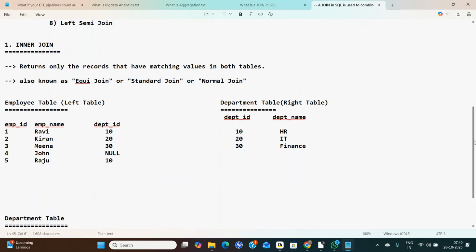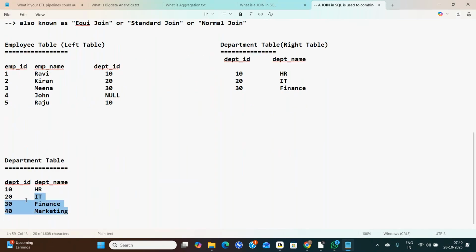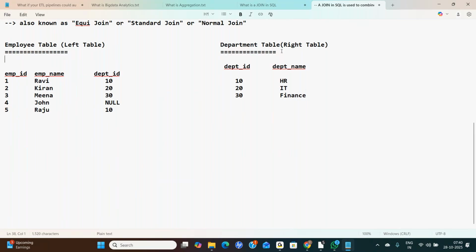In this common column, when you make an inner join, only matching records, how many rows? Count the number of rows: it will return 4.